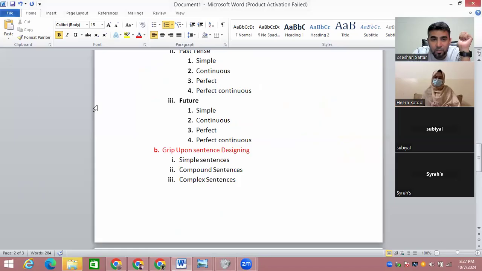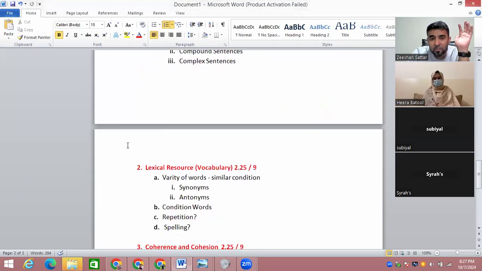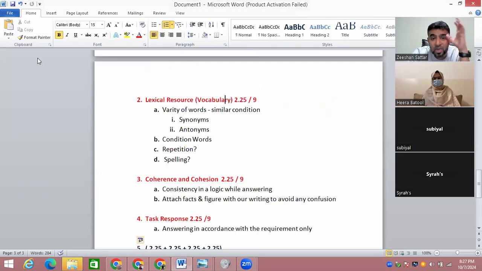If we have a lesser grip on compound and complex sentences, these are weaknesses. By making things lengthy, that never means we are working on the quality. We should be conceptually very clear. If we are weak in vocabulary, that is our weakness. If we are weak in synonyms and antonyms, that is our weakness.